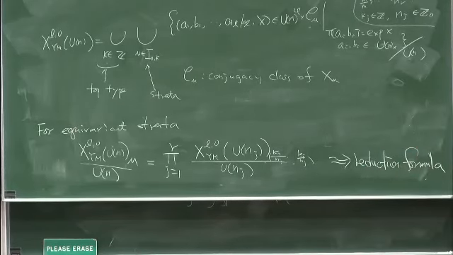So this is the one for HAI. So G is the gauge group.